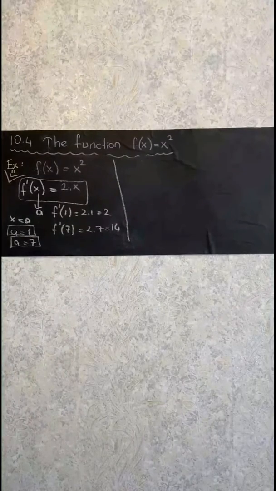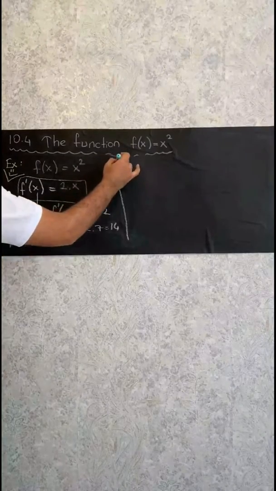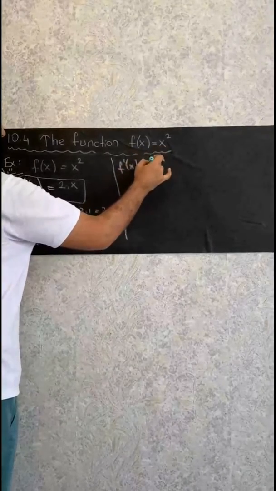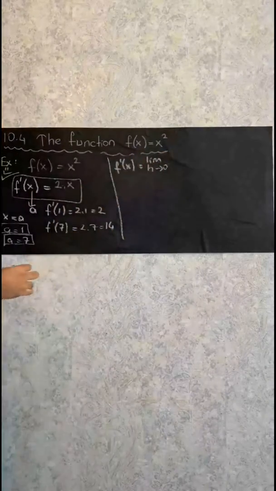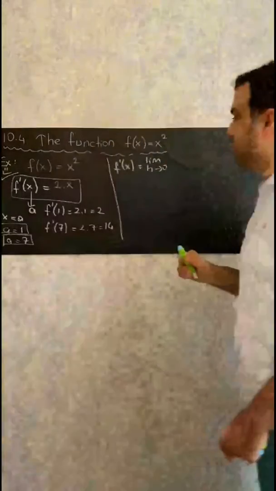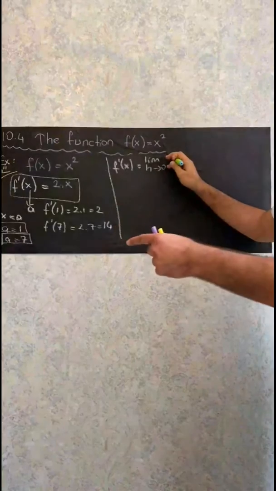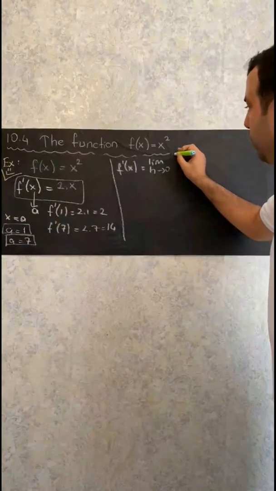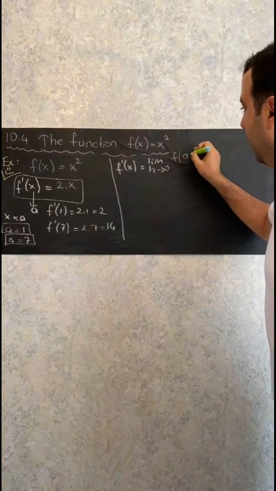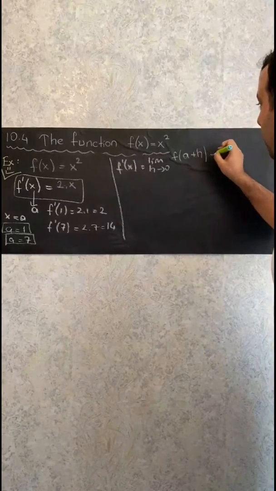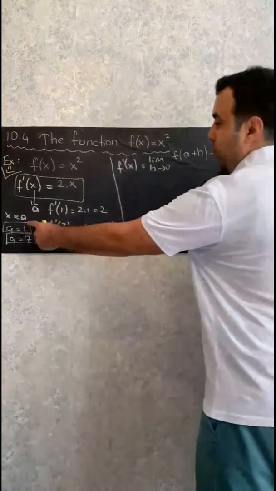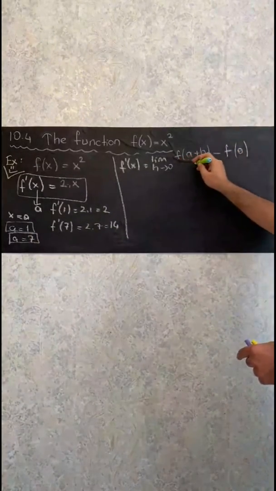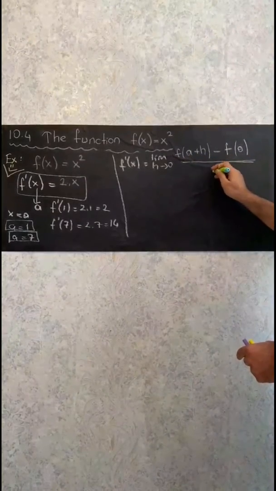The limit formula is, you know, f prime of x equals the limit as h approaches 0 of f of x plus h minus f of x over h. Here x is a, so we can say f of a plus h minus f of a, over h, yes.